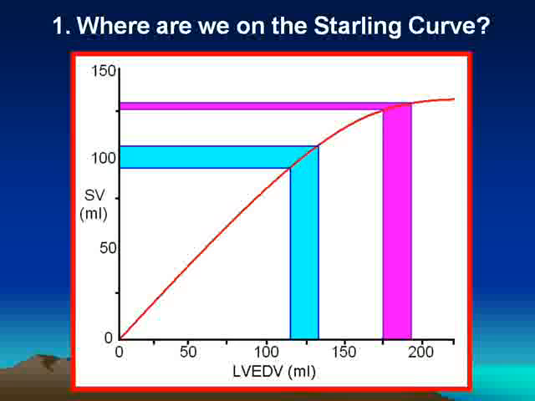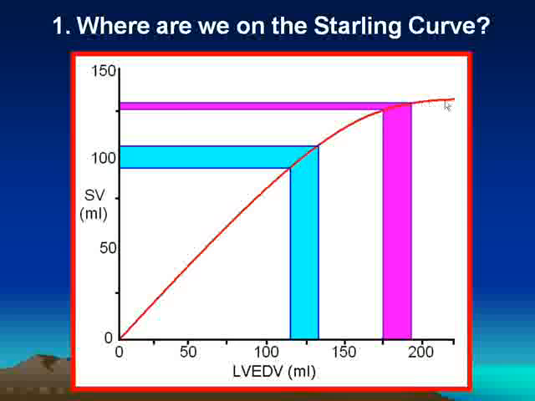Firstly, as we've seen, it depends a little where we are on the Starling curve. If we increase preload by about 30 mils, then in this situation we get an increase in stroke volume of about 20 mils because we're still on the left side of the Starling curve. That same increase in preload here, however, results in a much smaller stroke volume because we're now approaching the apex.